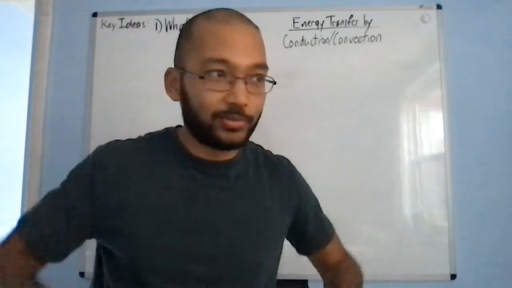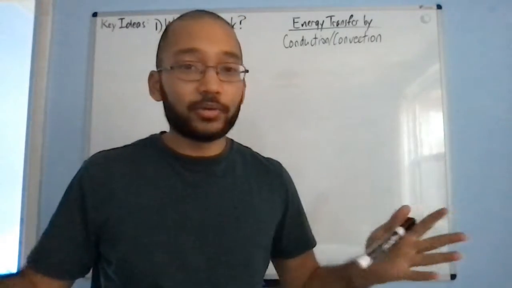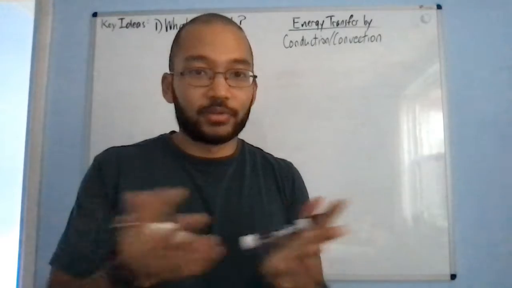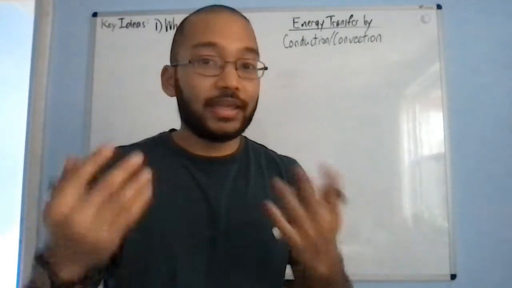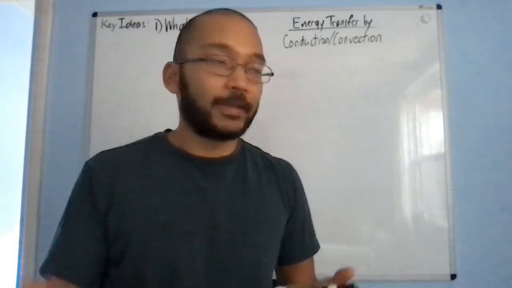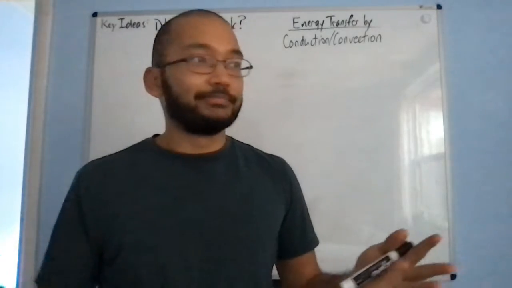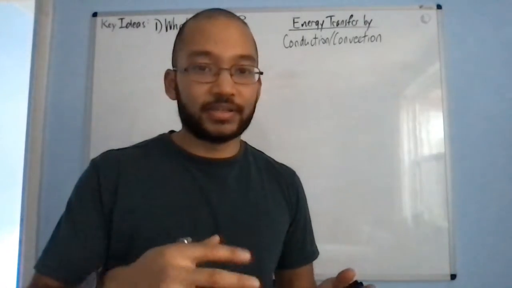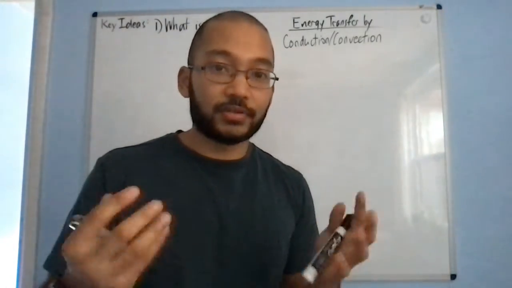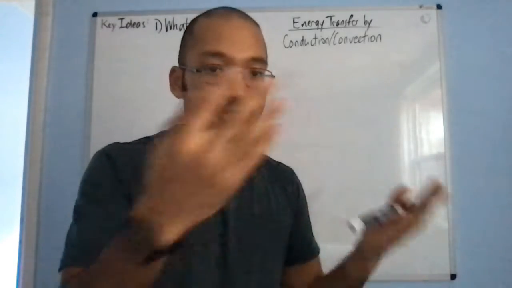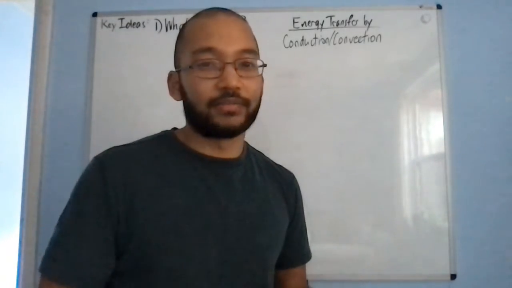So this whole category of light, we all call it electromagnetic radiation. That is another form of energy transfer. Think microwaves, ultraviolet, X-rays. These are all kinds of energy transfer by electromagnetic radiation. It's all the same thing. It's all light, just of different wavelengths.